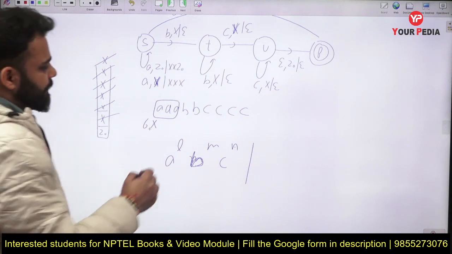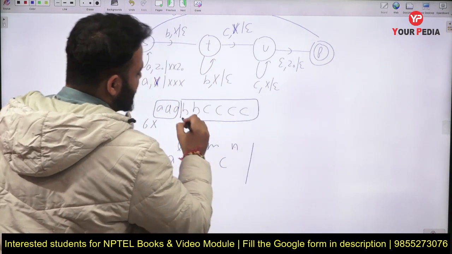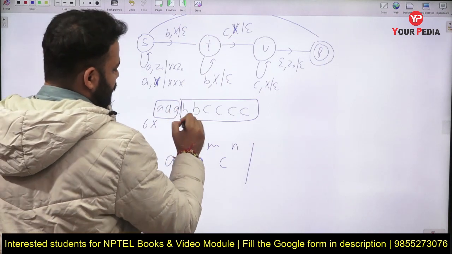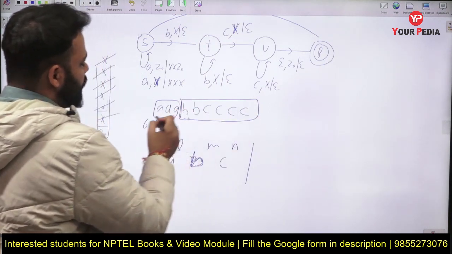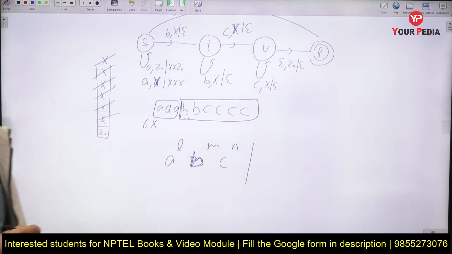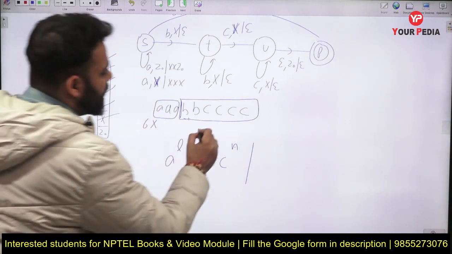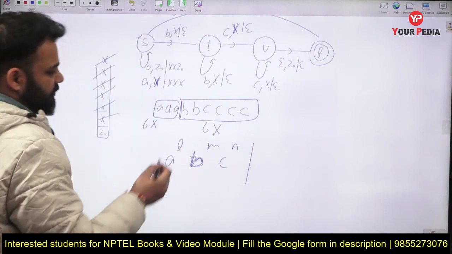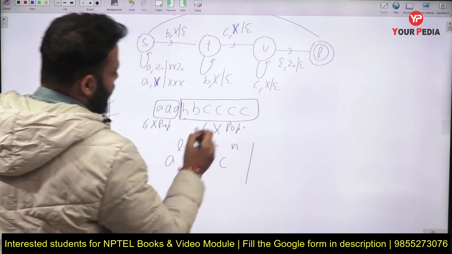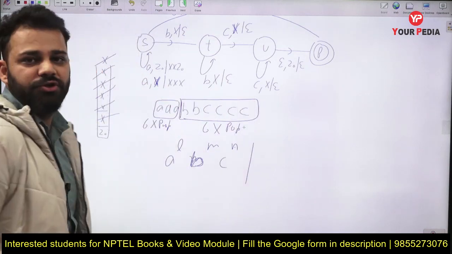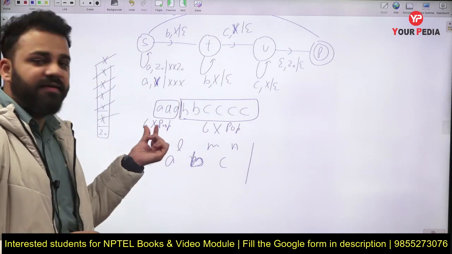So you can say that our stack will be empty only when these will be able to pop all the X in the stack. So then 6X pushed, 6X popped. So the sum of these should be equal to the X's pushed by this.